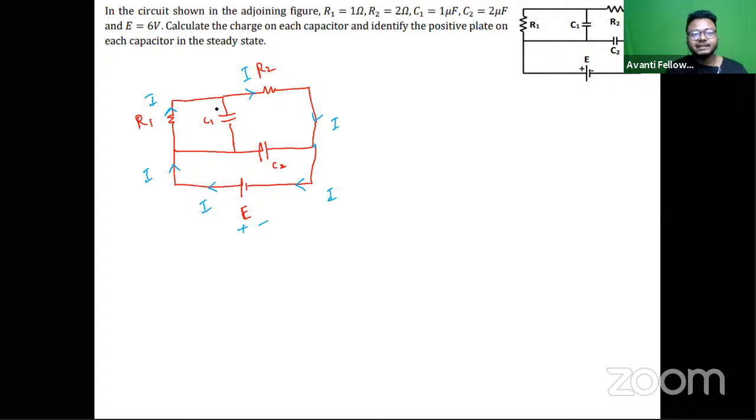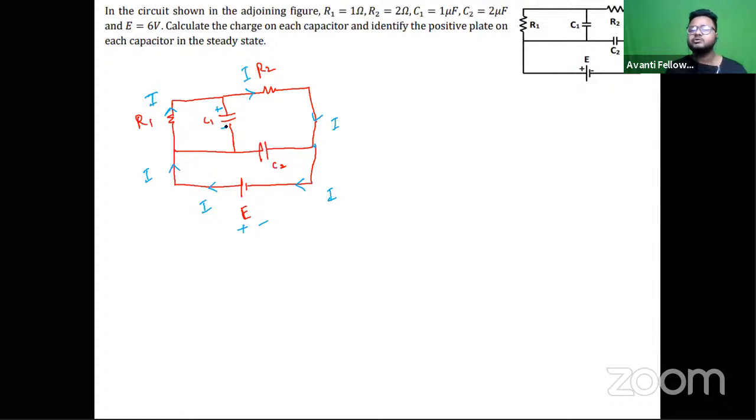Since the current is coming here, I can take this as the positive plate and this as the negative plate. This is just I'm taking reference. I could be incorrect also. If I am incorrect, I will get the negative sign; if I'm correct, I will get the positive sign. If you think, sir, how at the starting only I should get positive, it is not like that. You can choose any direction.